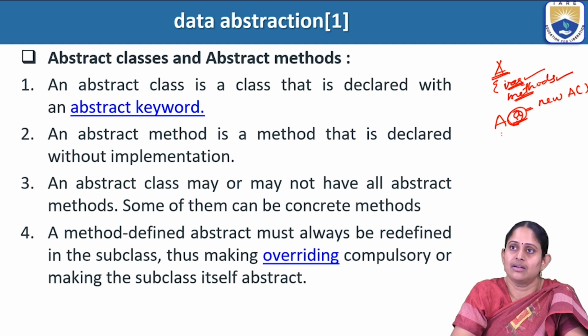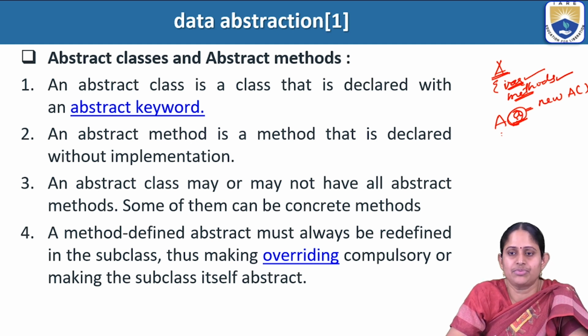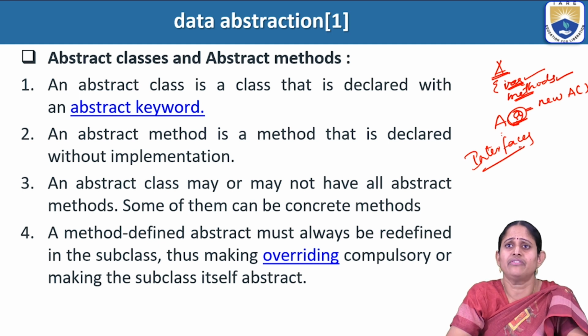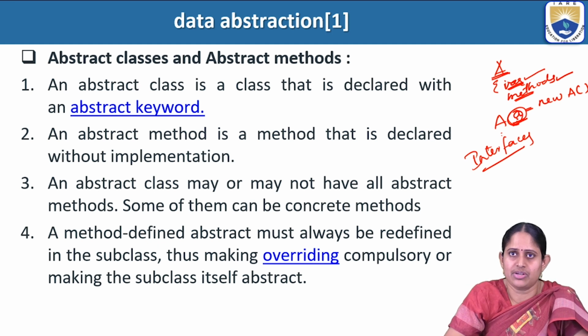And to achieve abstraction, there are two ways. You can either use abstract classes or interfaces. These are two different ways by which you can achieve abstraction. An abstract class is a class that is declared with the abstract keyword, and the methods inside it are abstract.